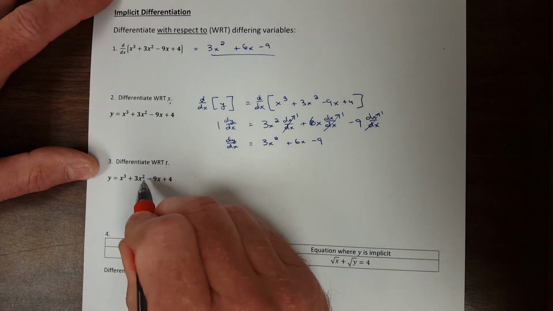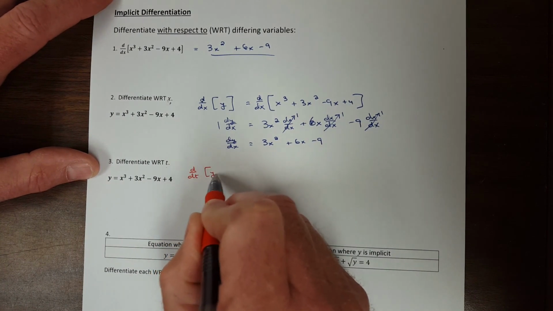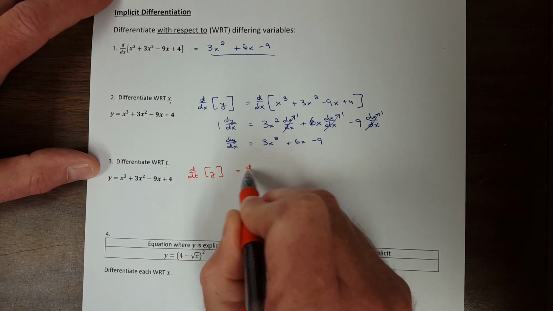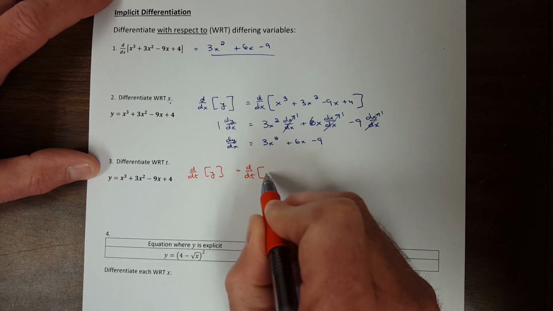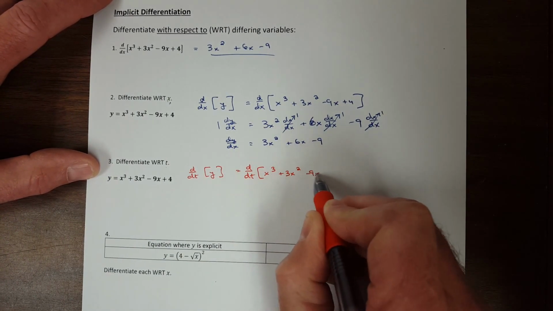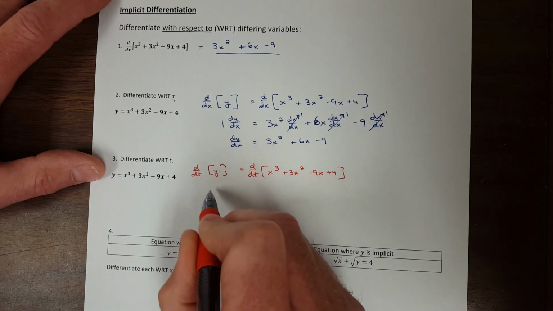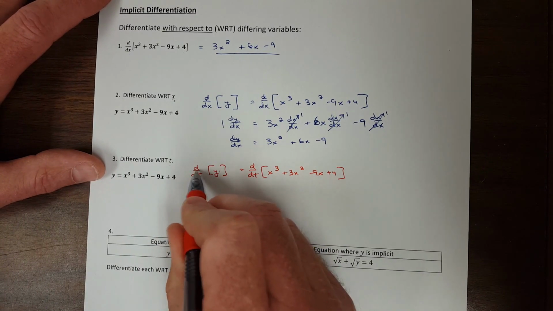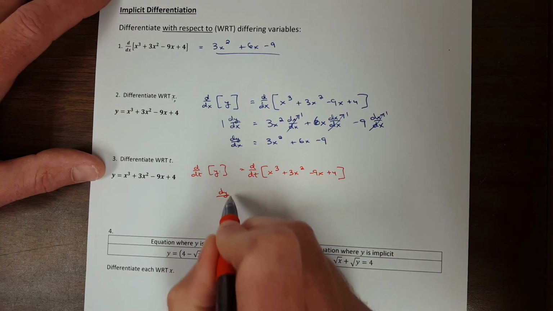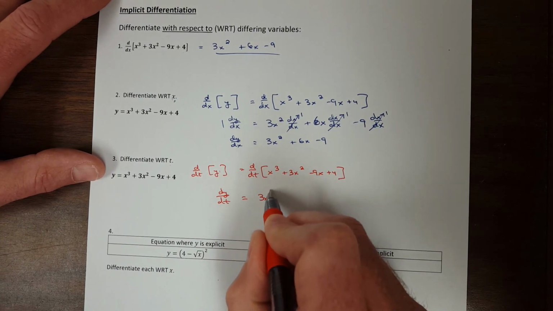So I'm going to differentiate both sides with respect to t. And so when I take the derivative of y, I get 1. I'm not going to write the 1 here, but small differences in y compared to small differences in t. Here we get 3x squared.